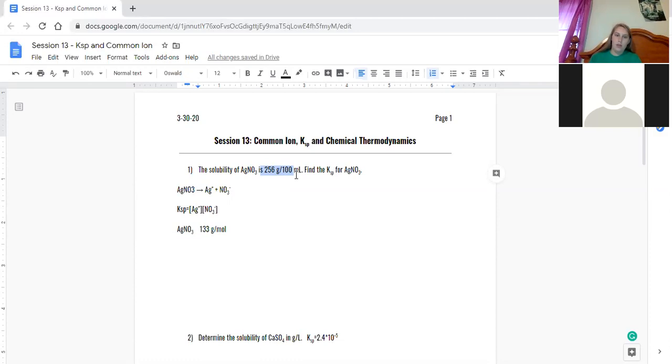So we know that if we move it over to get it into liters, we're going to have 0.256 grams per 0.1 liter. If we move the decimal on both sides, we'll be able to make it 2.56 grams per 1 liter.